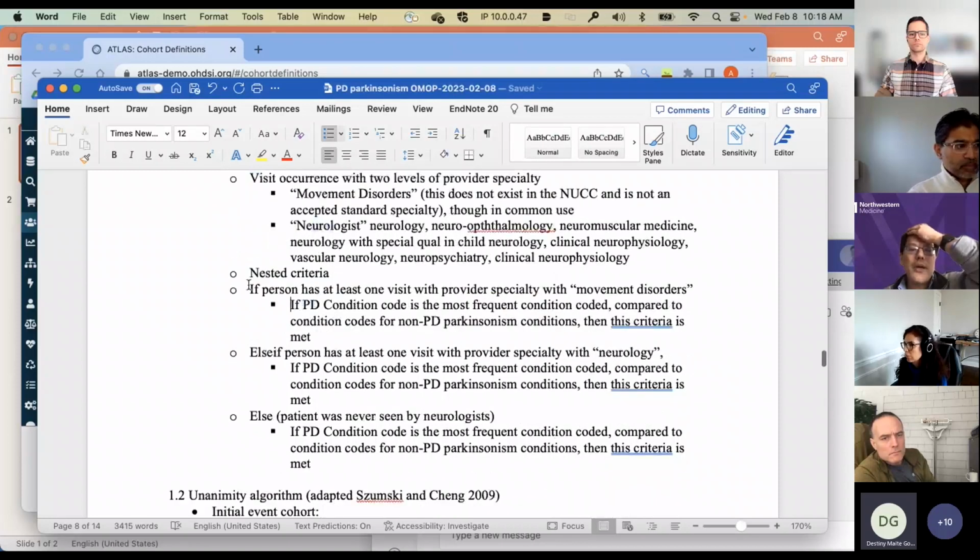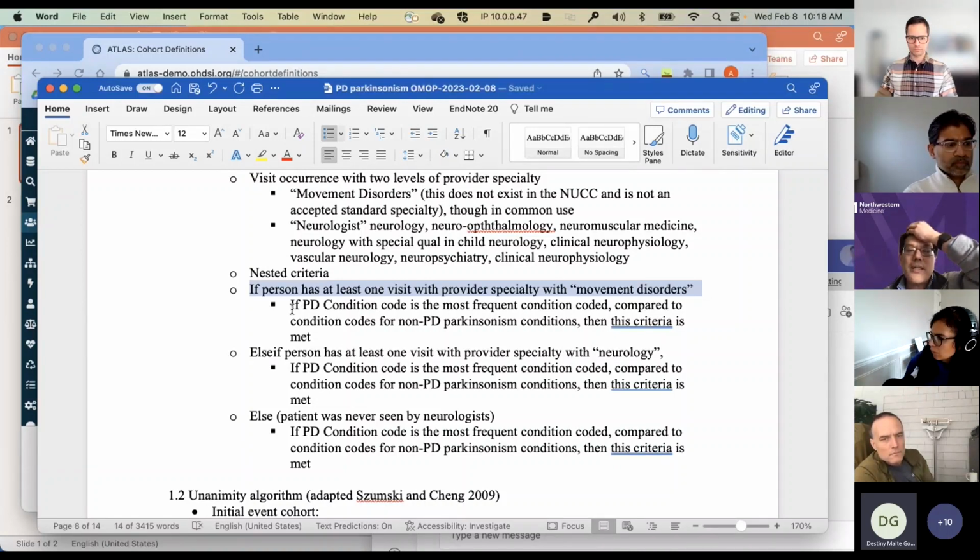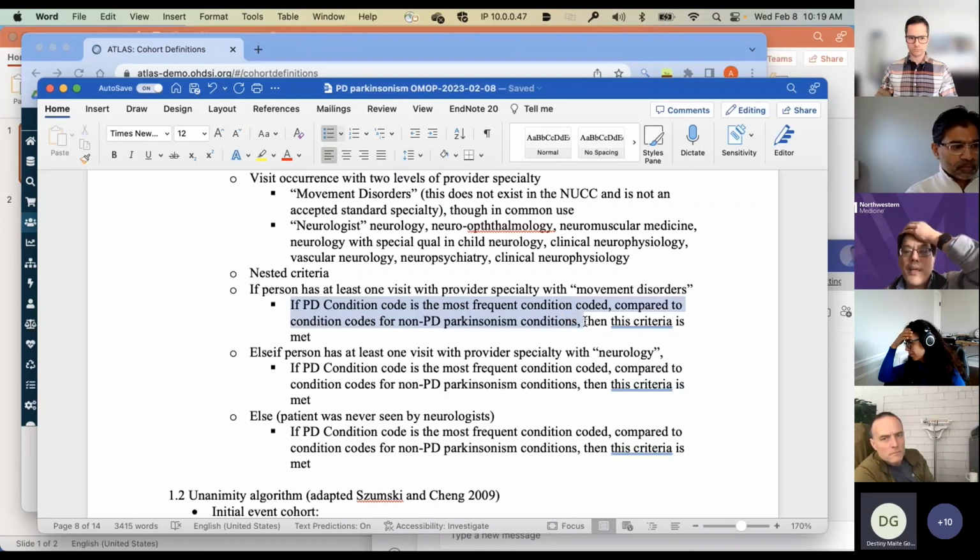So the criteria are, if the person has at least 1 visit with a movement disorders person, only look at those visits, identify the condition codes at those visits, and if the PD specific condition code is the most frequent one compared to the condition codes of the non-PD ones, then the criteria is met and you stop.